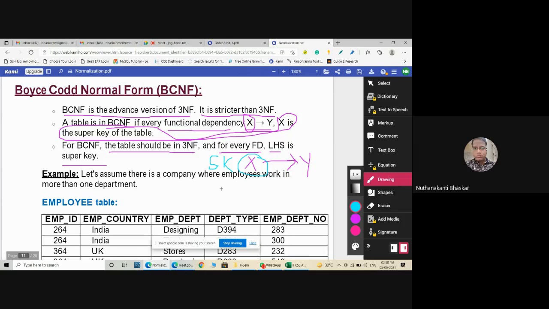If it is in third normal form, if you write X determines Y, the LHS must be what? If it is third normal form, the LHS must be what? Candidate key. Yes, good.